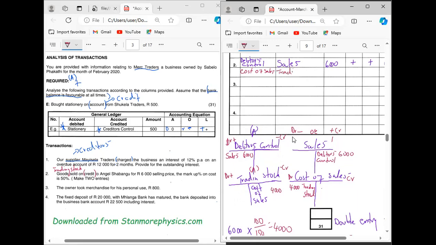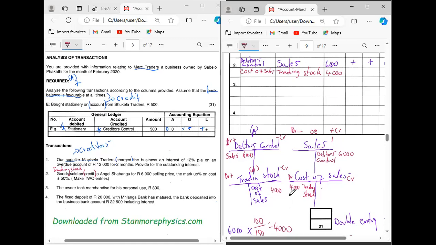How much is the amount for these two accounts? It's 4,000 as our cost price, so we write 4,000.